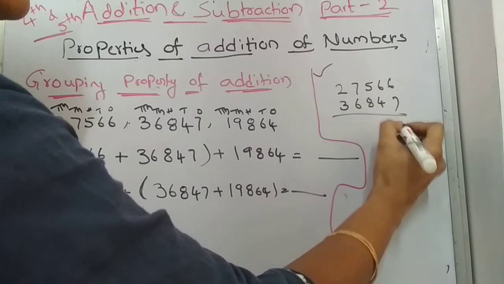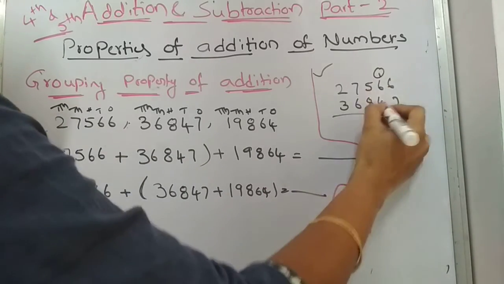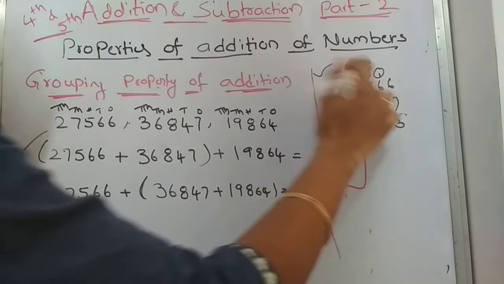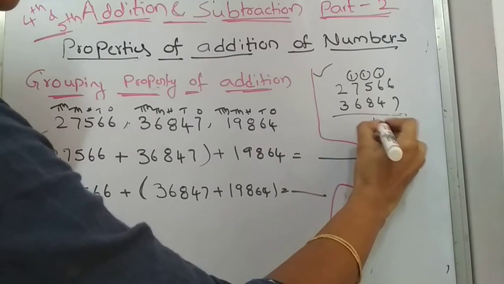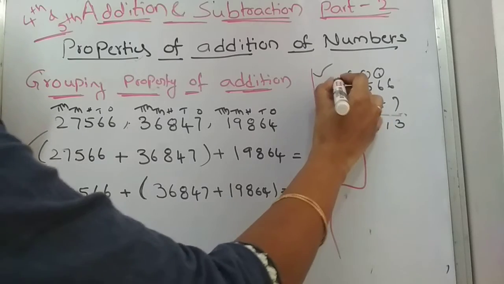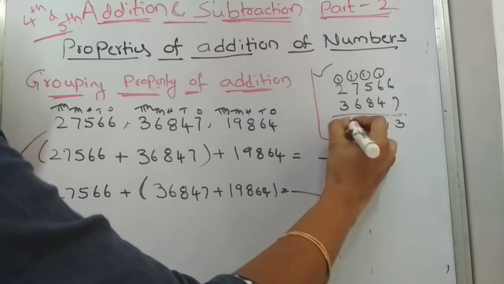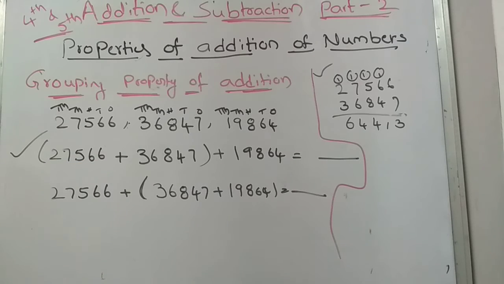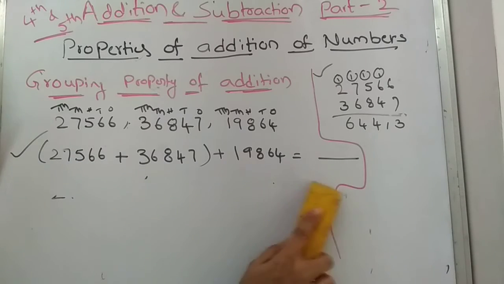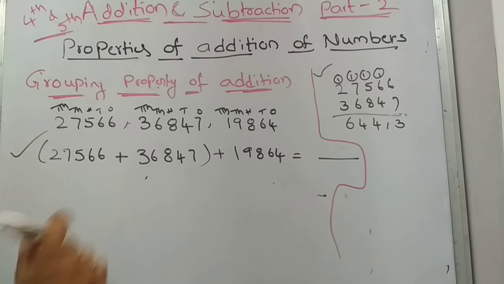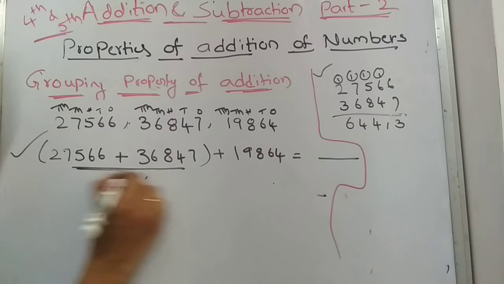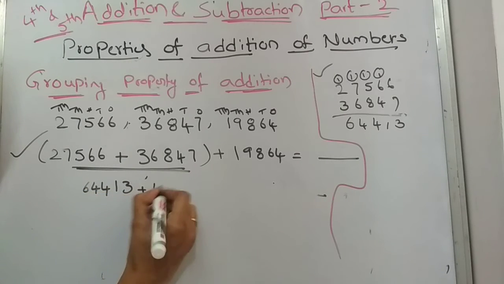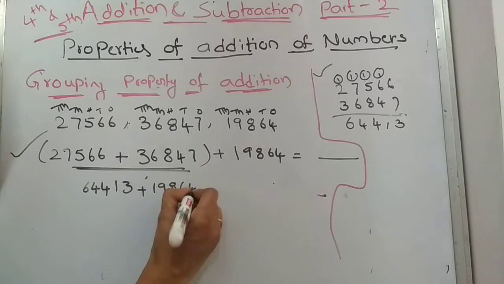7 plus 6, 13, so 1 is carry over, 3. 8 plus 5, 13, 14. 7 plus 7, 14. 3 plus 3, 6. The answer is 64413. For this answer, 64413 plus 19864.